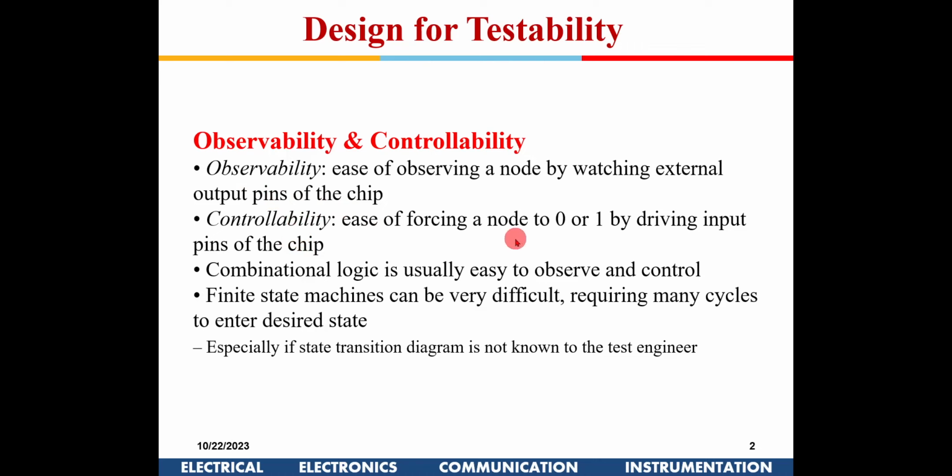Controllability is the ease of forcing a node to 0 or 1 through the inputs of the chip, because once fabricated, we only have access to the pins. Post fabrication, we can't put a probe inside the nets, so the question is how those nets are accessible from the pins. That defines observability and controllability.